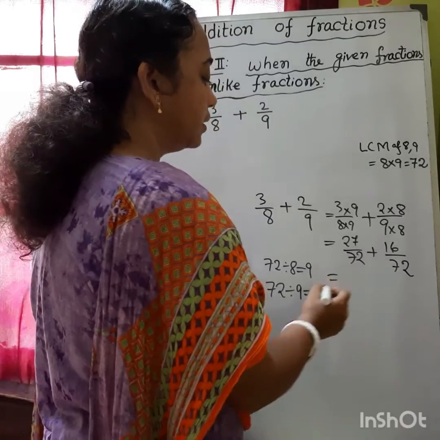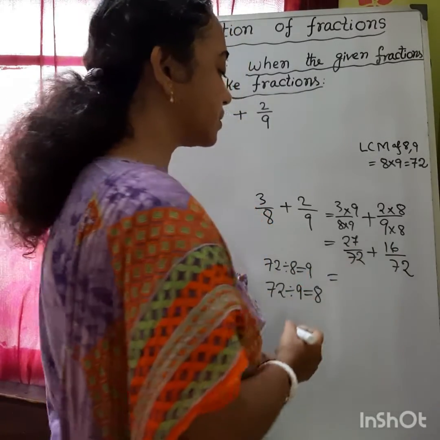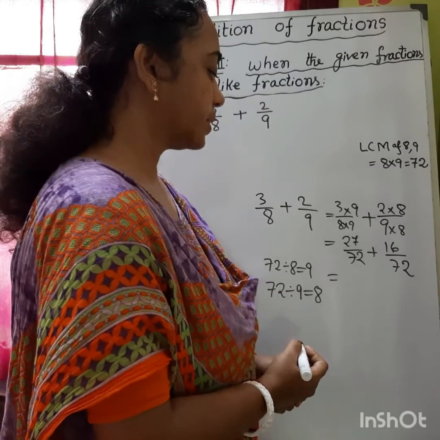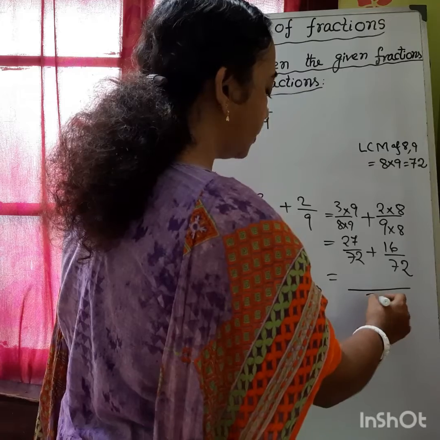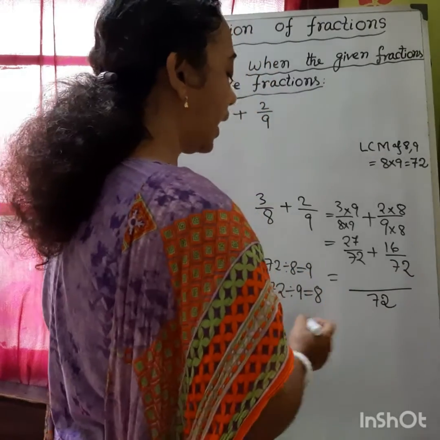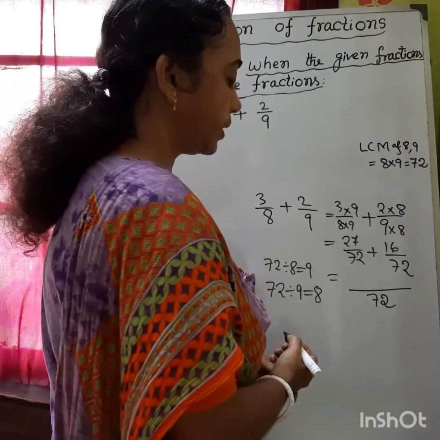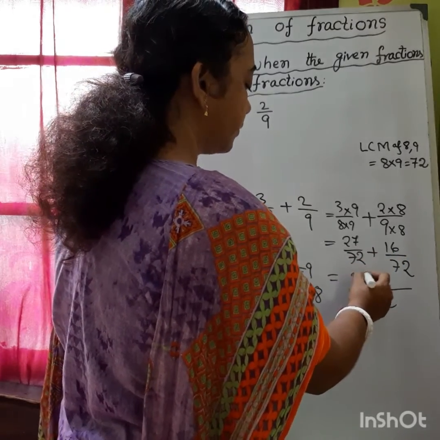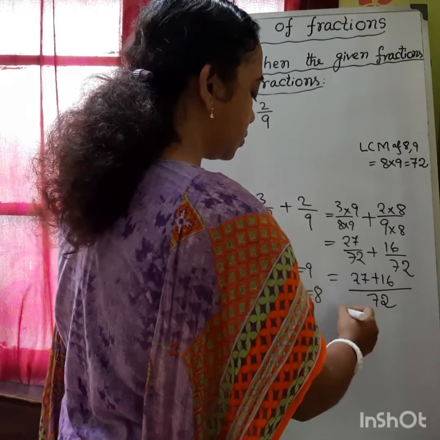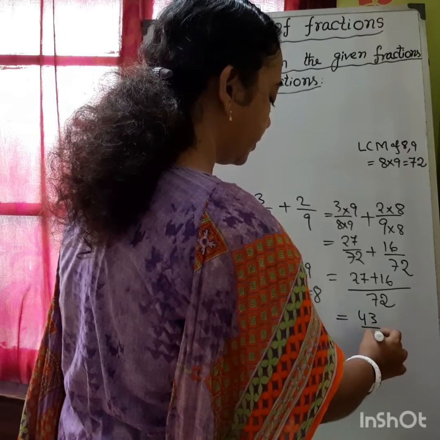So both the denominators are the same, that is 72, and these two fractions are like fractions because their denominators are the same. So for their sum, we simply write their common denominator, that is 72, and then in place of the numerator we write the sum of the numerators of these two given fractions, that is 27 plus 16, which is 43 by 72.